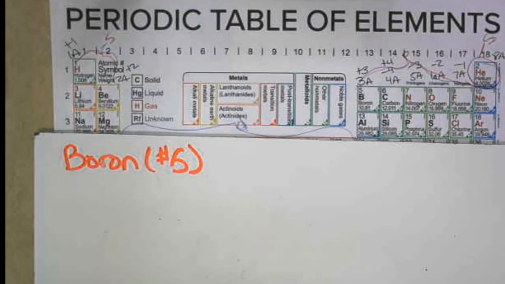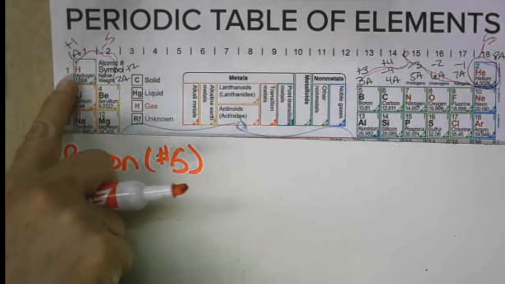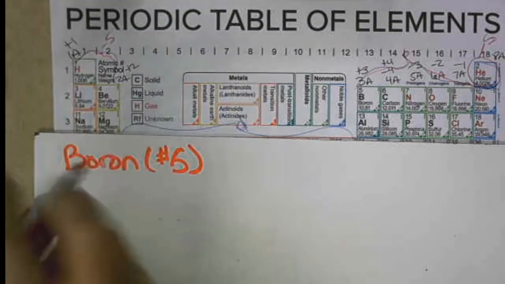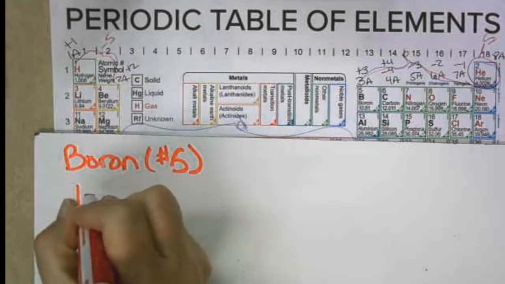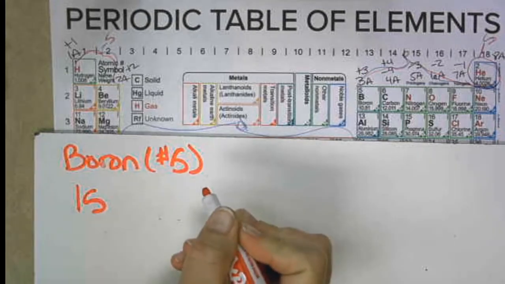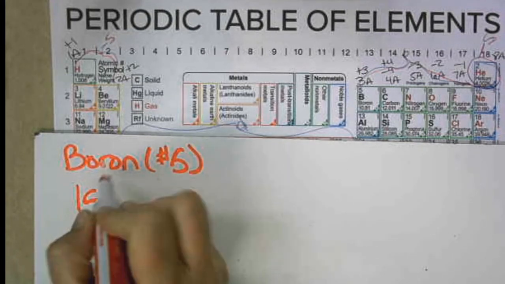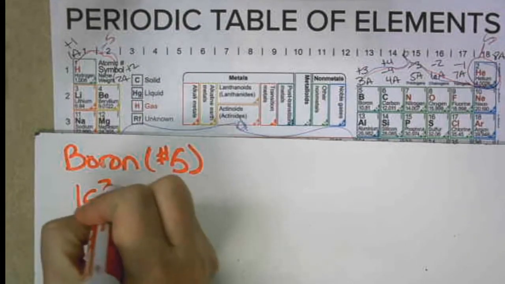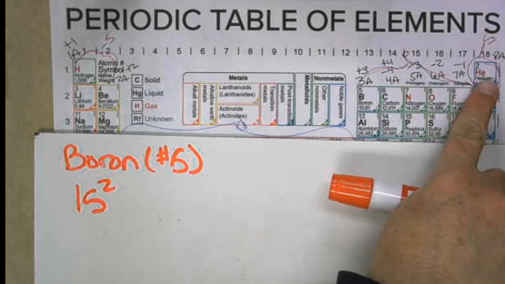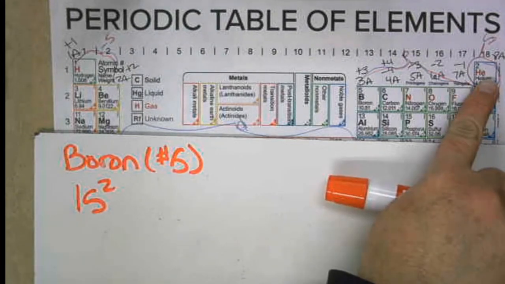So here we go. Energy level here is 1. It's the S. Then I'm going to count how many electrons I have. Remember that number at top is how many electrons. So 1, 2. I have 2 electrons. Now, I look, nope, I'm still not at boron.